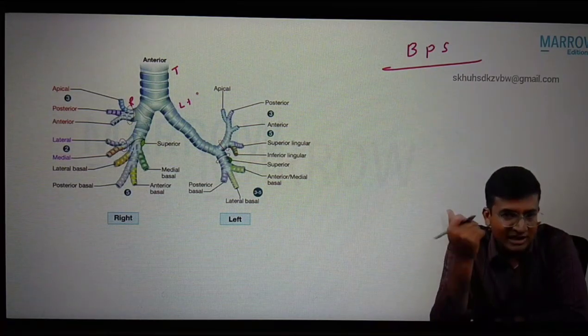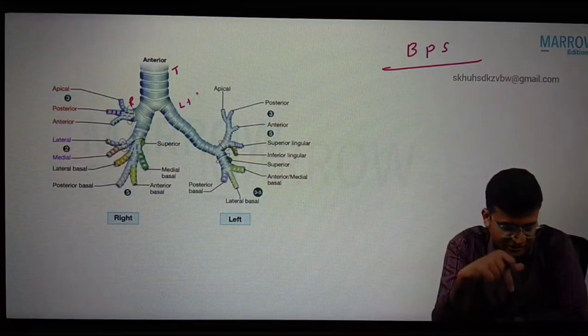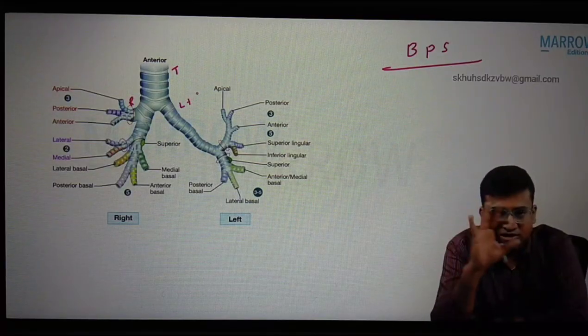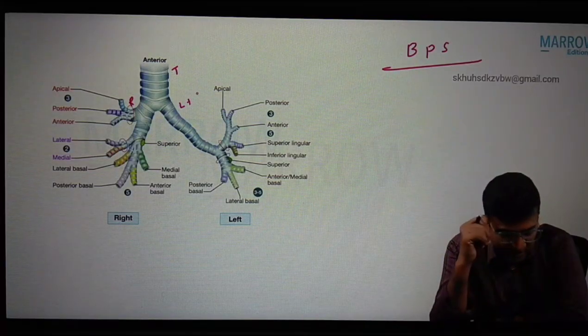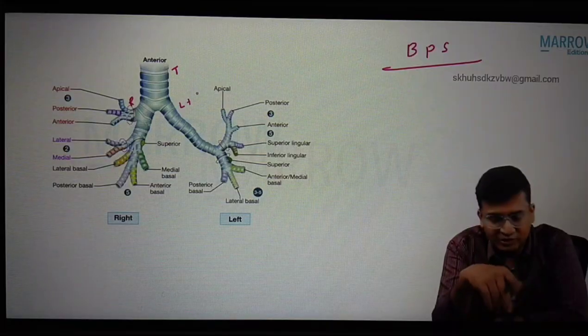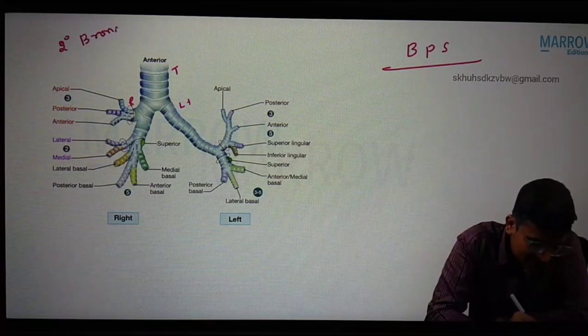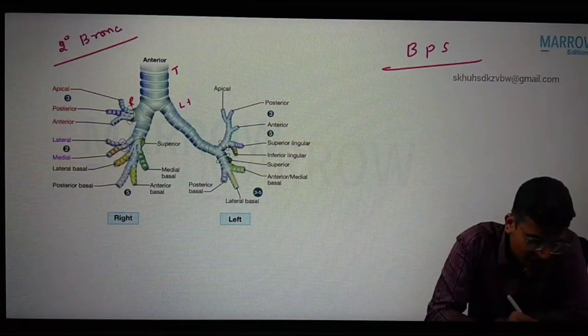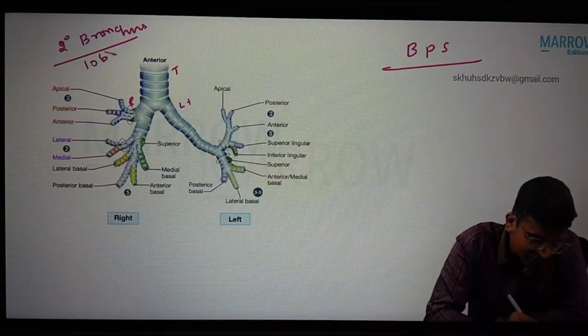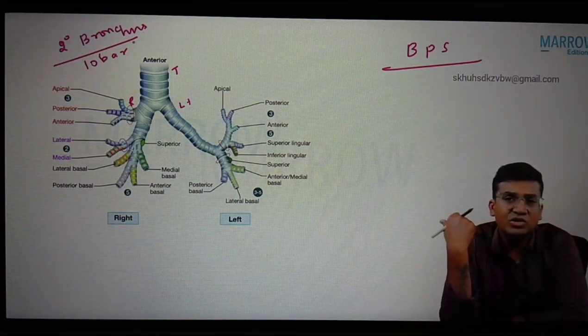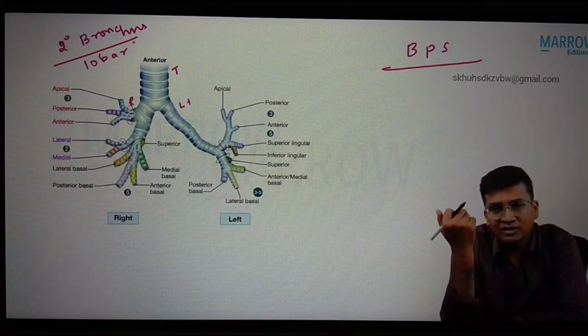So any foreign body entering the trachea will go to right bronchus. Now there is a primary bronchus, right bronchus, left bronchus. Now the primary bronchus in turn divides into secondary bronchus. Now the secondary bronchus is also called lobar bronchus. That means they go to the corresponding lobes of the lung.